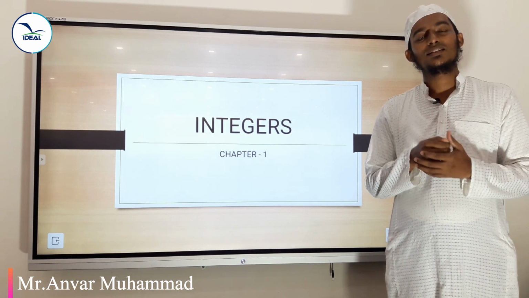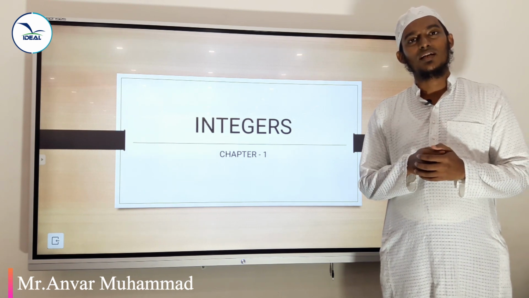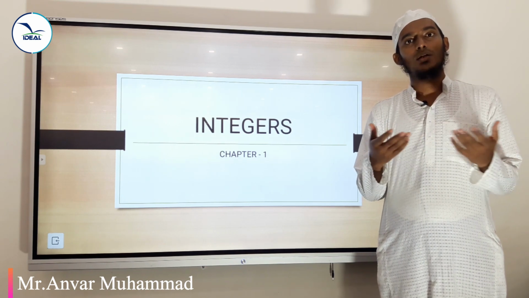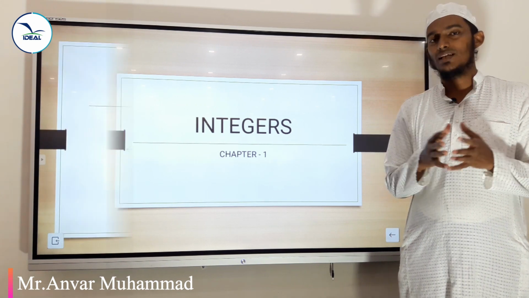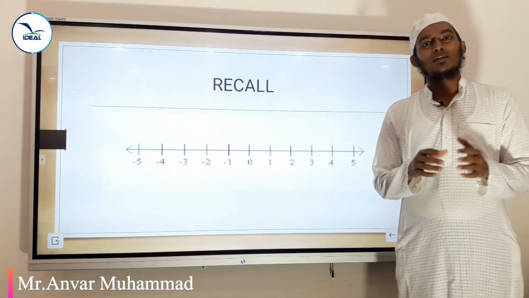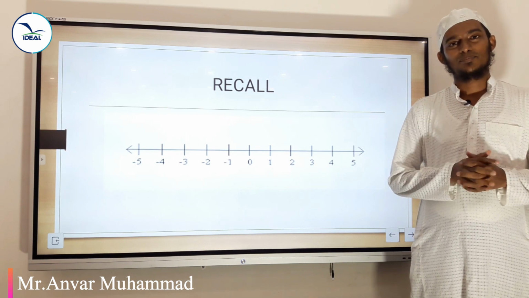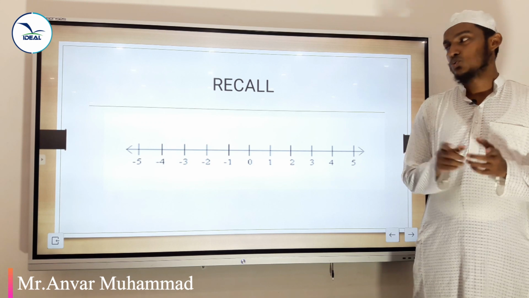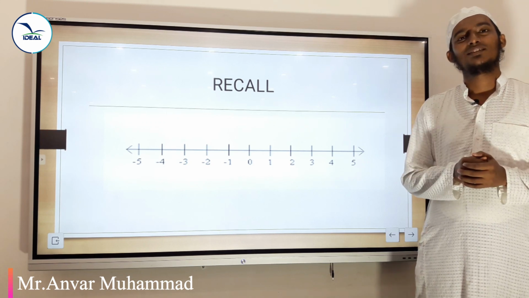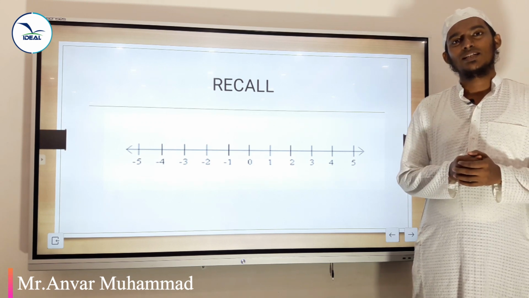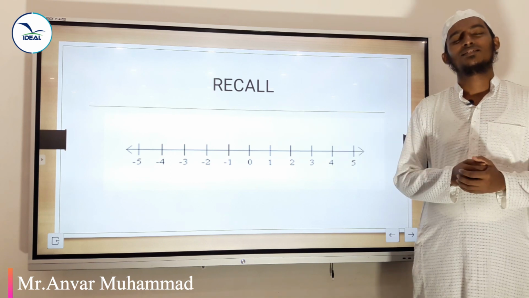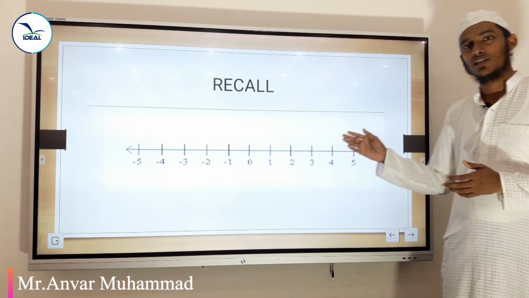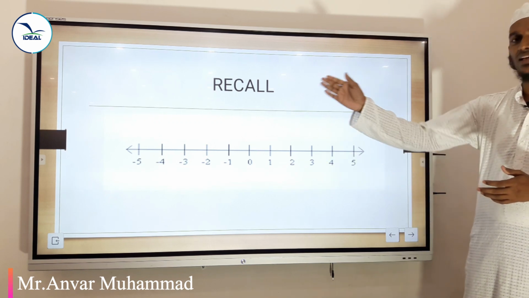So let us represent these integers on the number line first of all, and we will see what the properties are and what is special about integers. Here is a number line with two arrow-ended points, which means that it goes on to either side, with 0 in the middle, positive numbers to the right, and negative numbers to the left.